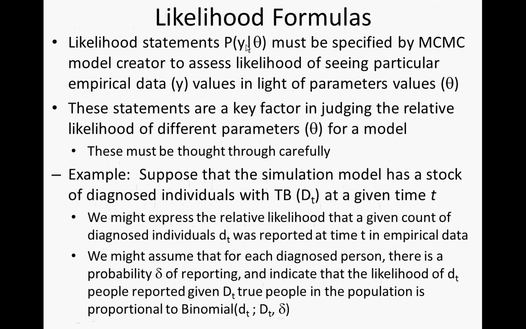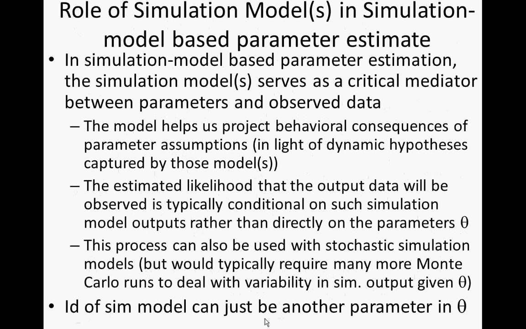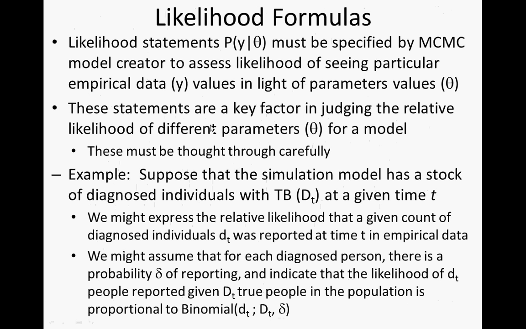To compute this likelihood, we typically need to run the simulation model to arrive at some intermediate values like d sub t. We then apply a probabilistic model that gives the likelihood of observing the empirical data in light of perhaps parameters within the probabilistic model and the data from the simulation, as well as any required values from the parameter vector.